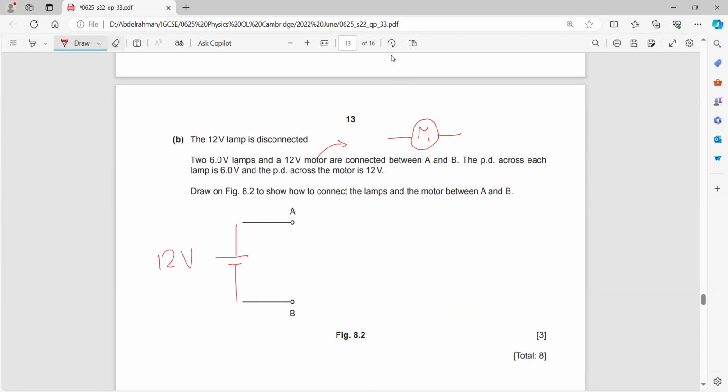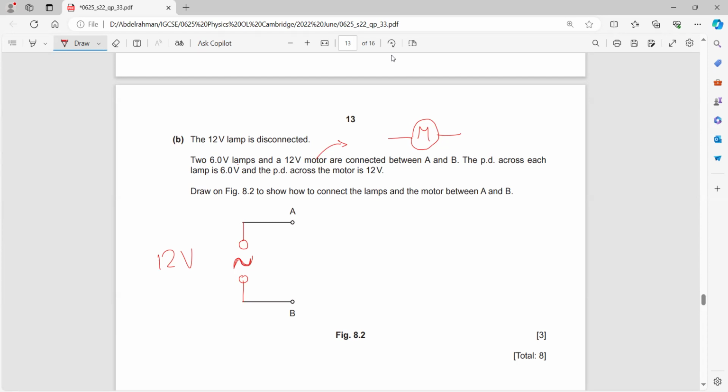You do not draw this battery. To be more accurate, it's not actually a battery. It's an AC power source. A transformer always gives off AC, alternating current.